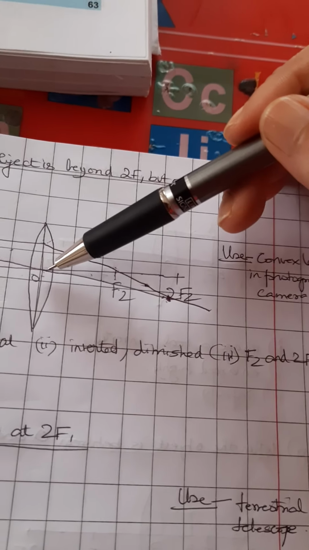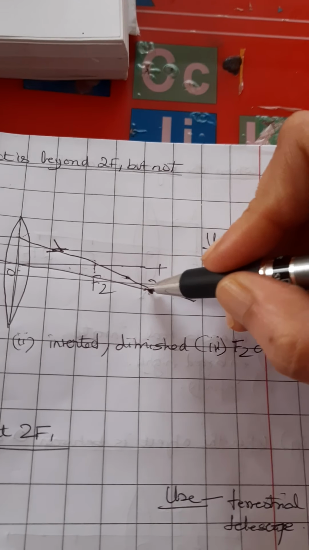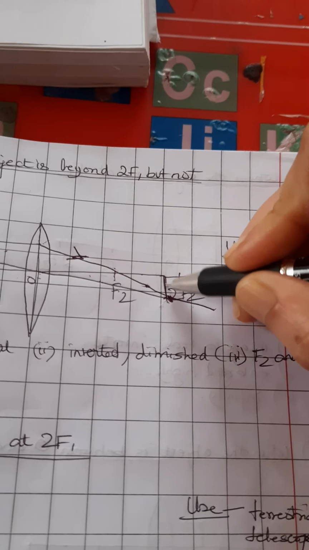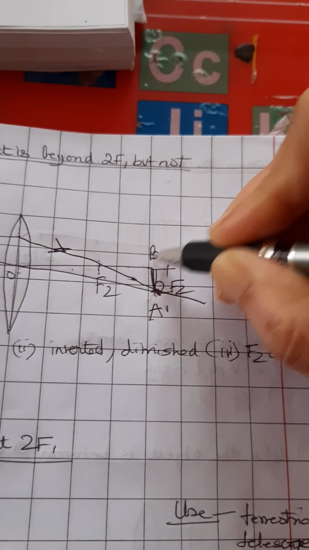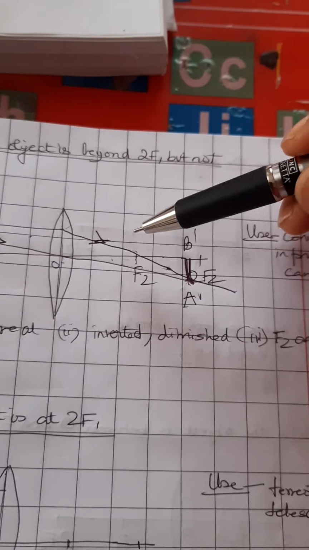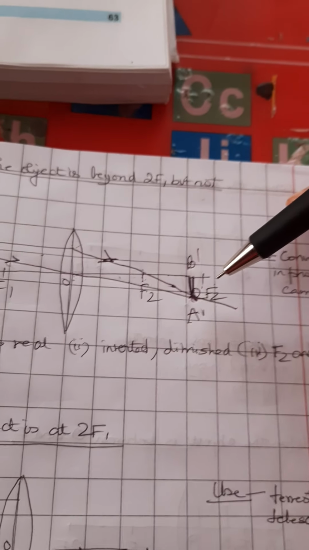Another ray passes through the optical center. They cut at a point where we get the image, A dash B dash. This image is between F2 and 2F2.